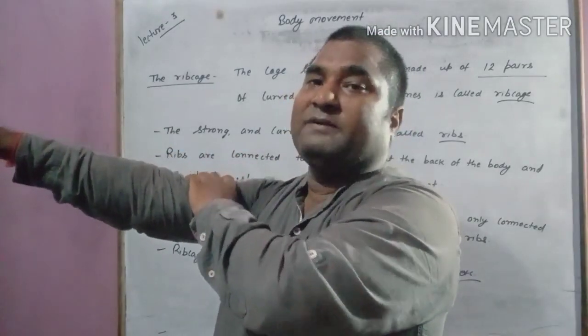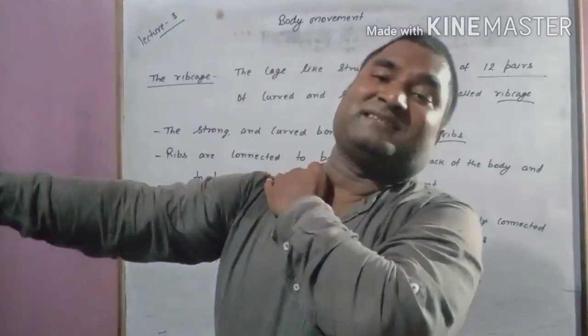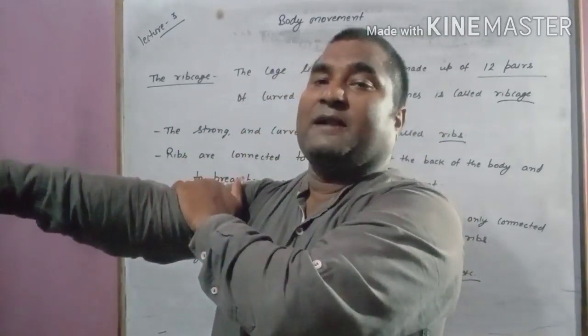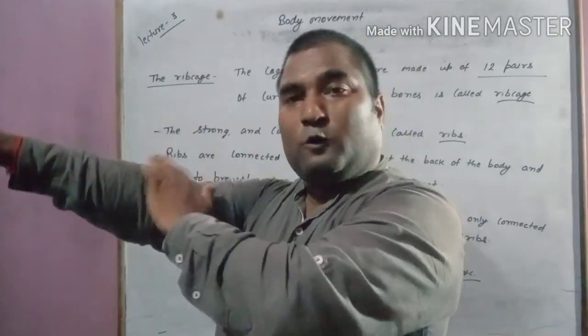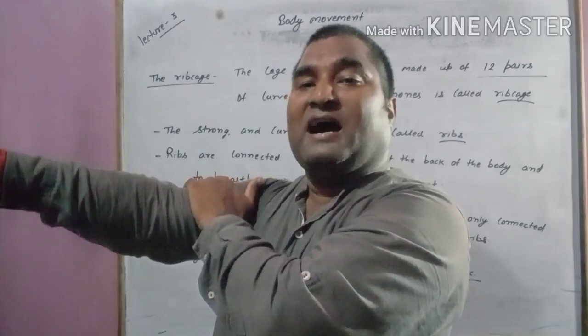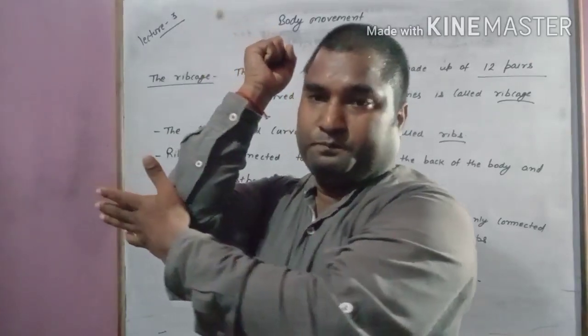On the upper side, the upper arm is connected to the shoulder blade, and on the lower side it is connected to the forearm at the elbow.